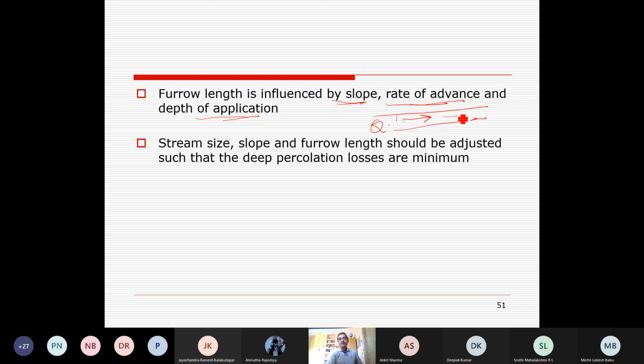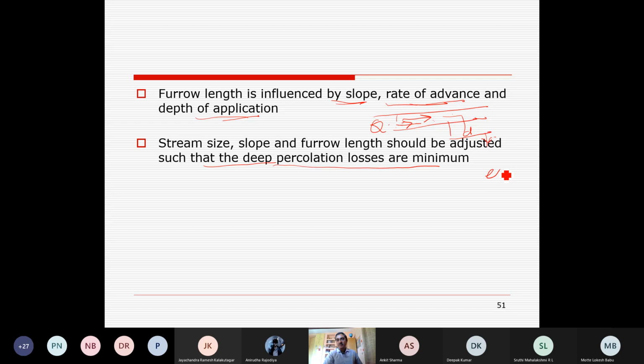The stream size, slope and furrow length should be adjusted in such a way that deep percolation losses are minimized, meaning loss of water below the root zone depth is not there. Otherwise, the efficiency of water application will reduce.